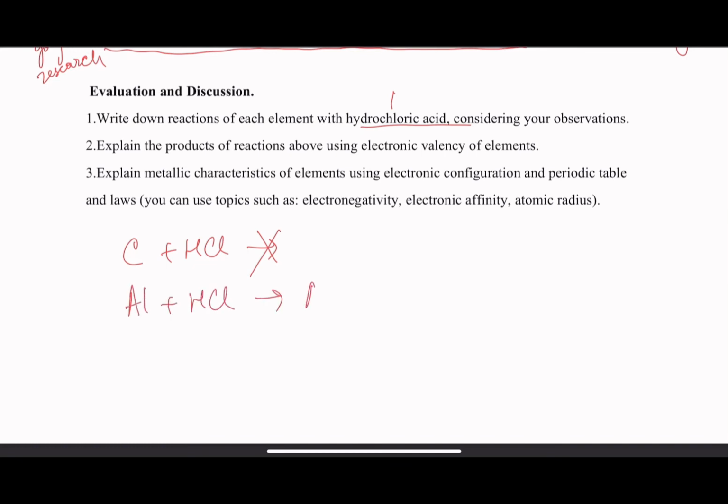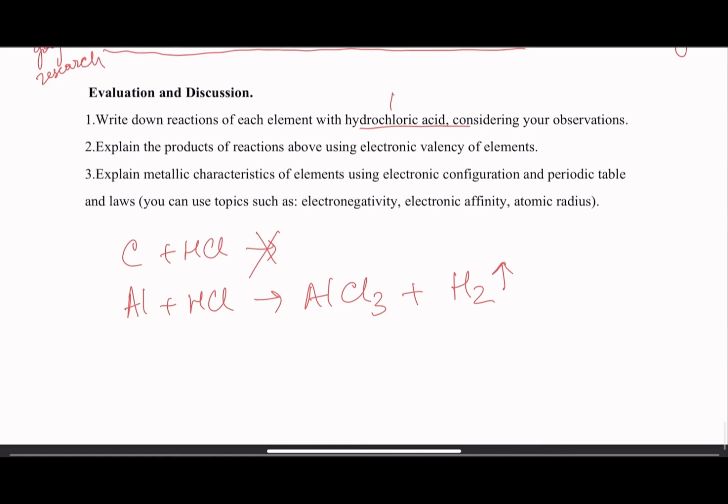So you can Google this stuff and you will see that aluminum chloride and hydrogen gas will come out. Okay, this is going to be your reaction. And when you used the lighted splint, it will give the pop in here, because of the hydrogen gas coming out.